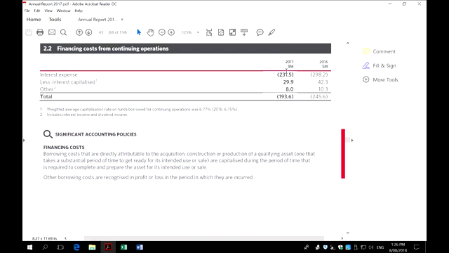So under the item of financing cost, we have three things, and we have to decide the nature of each item to enter into the KGW model. Obviously, interest expense should go straight into the KGW model as interest expense.